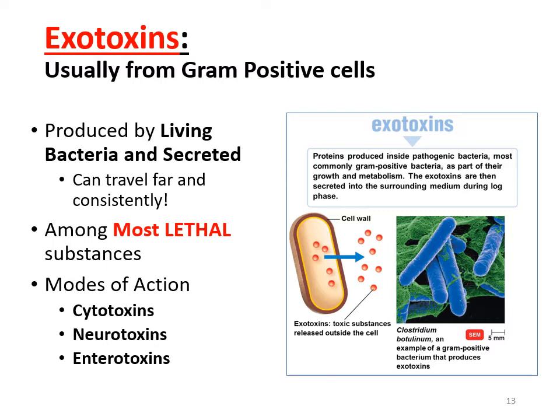Neurotoxins, another example of exotoxins, are also very lethal because they interfere with your neurological signals. A big example that I want you to remember is botulinum toxin, the toxin from botulism, and remember tetanus. So botulism and tetanus produce neurotoxins. Since they're targeting the neurological signals in your body, they'll block things like acetylcholine and cause paralysis.